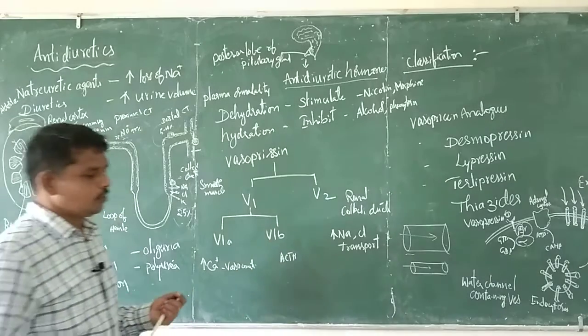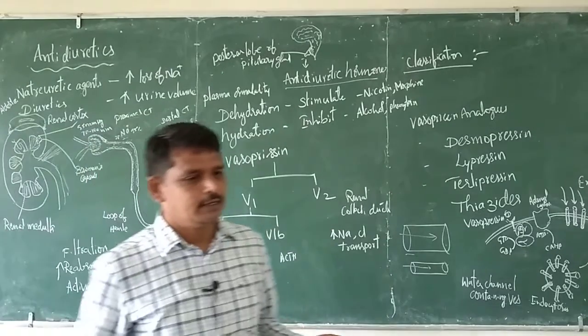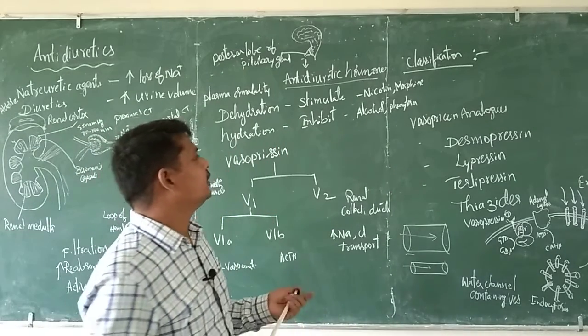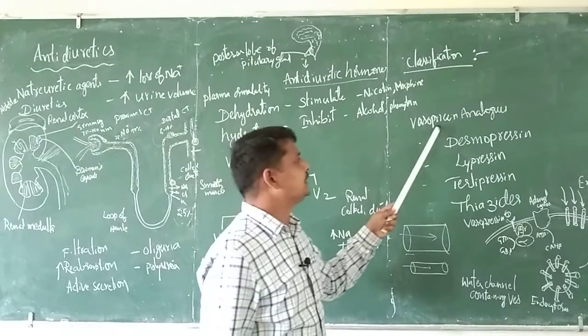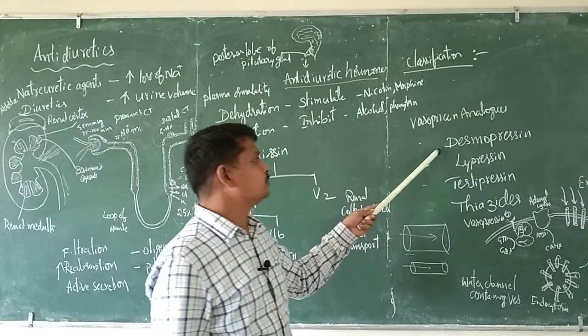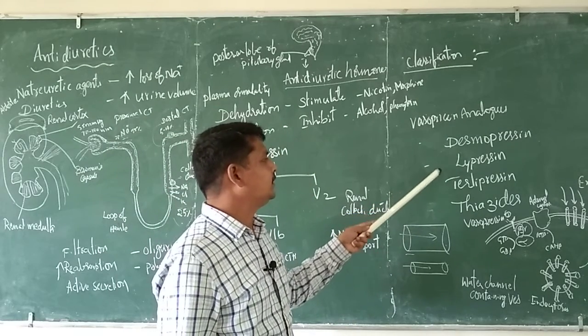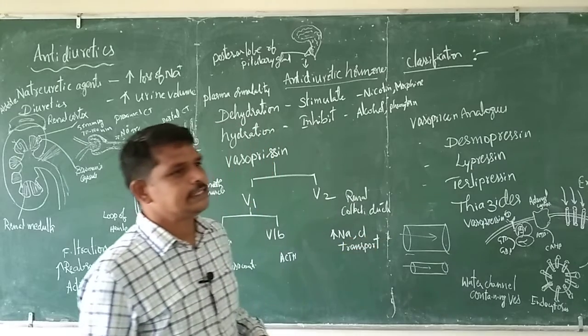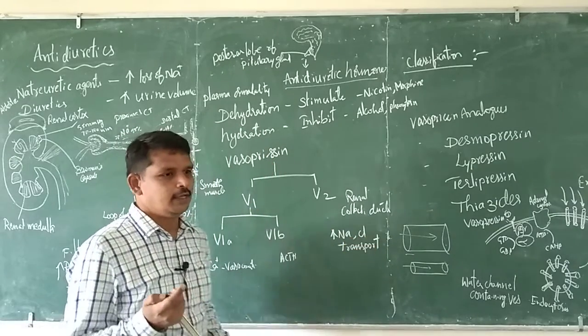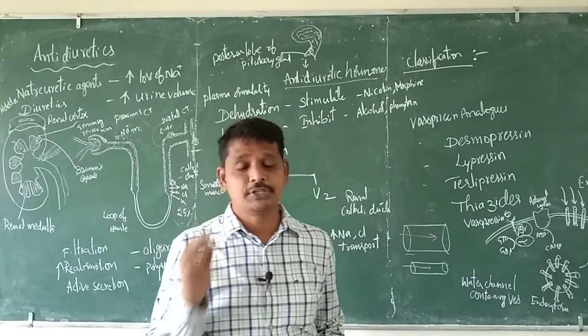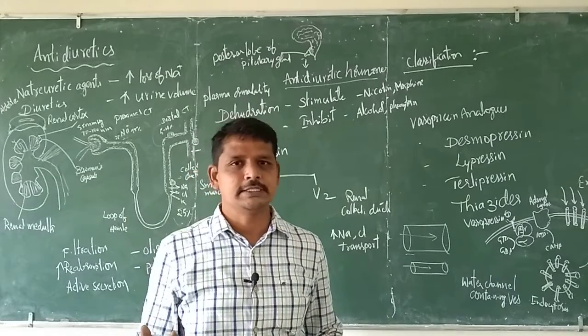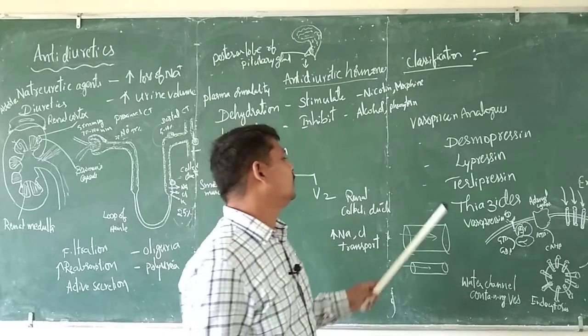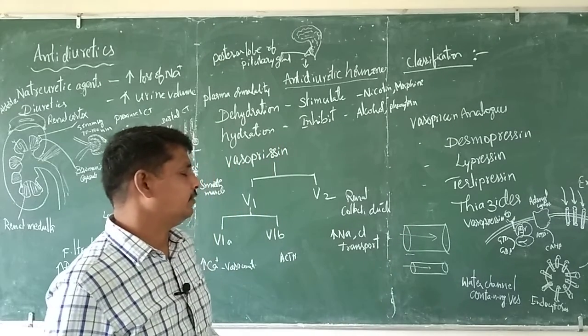Normally the drugs which help work based on vasopressin analogs, for example desmopressin, lypressin and terlipressin. These are drugs which have similar structure and function compared to vasopressin, and hence can show antidiuretic activity.